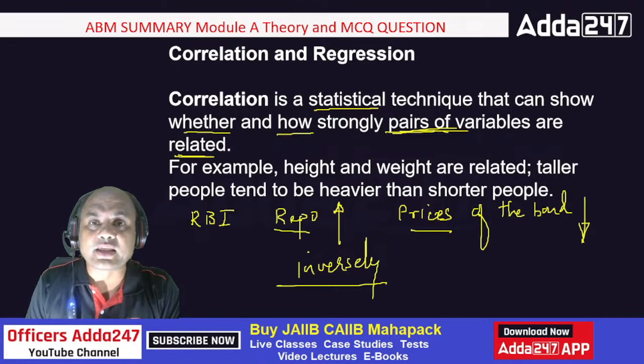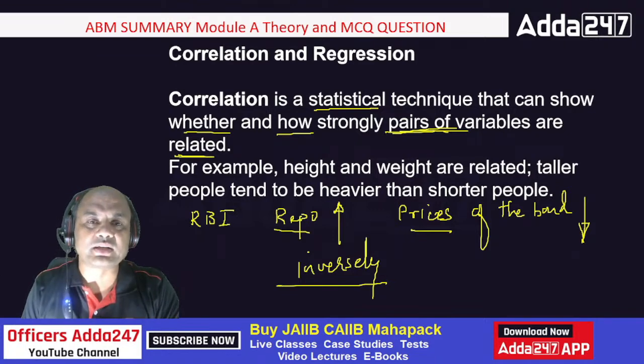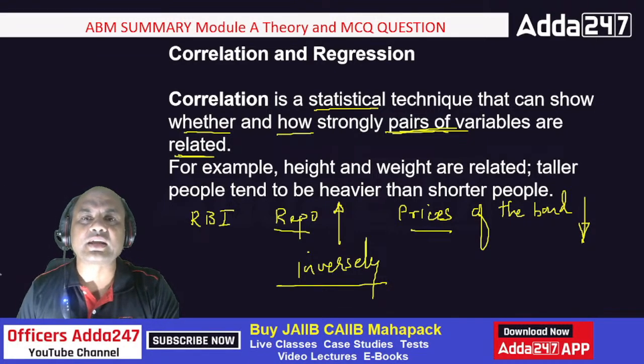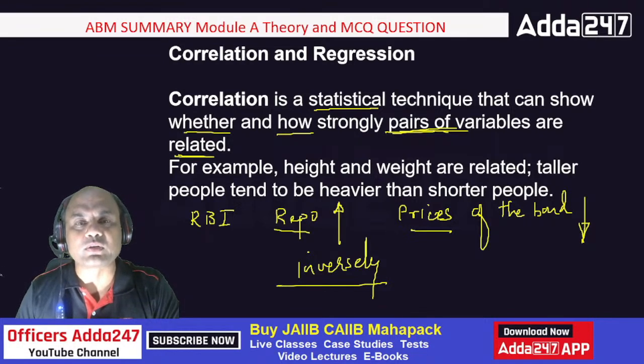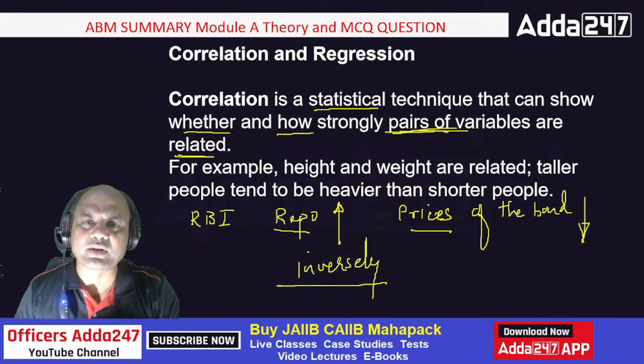Now, there can be exceptions. You can definitely tell me, sir, it's not that. I have somebody among my relatives, somebody in my neighborhood, who is very tall but has very little weight. There are exceptions. Exceptions are there everywhere. Okay, the only point is that the generally followed formula or generally seen trend is mentioned in correlation. Otherwise, exceptions can be there every now and then.